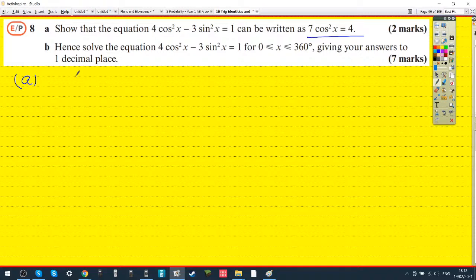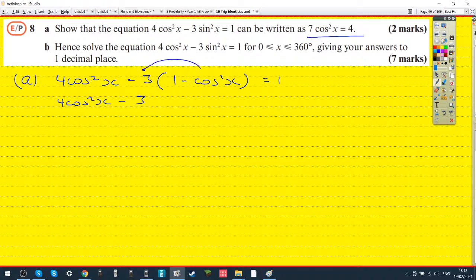Okay. So 4 cos squared x minus 3 times 1 minus cos squared x equals 1. Well done. And then simplify 4 cos squared x minus 3, times these two as well.